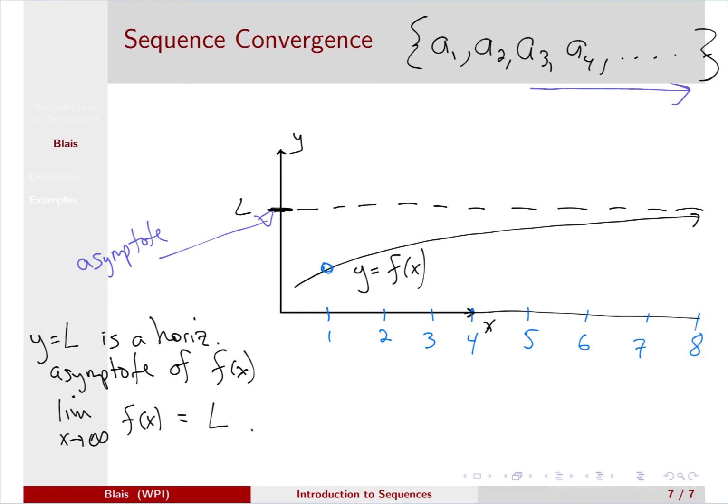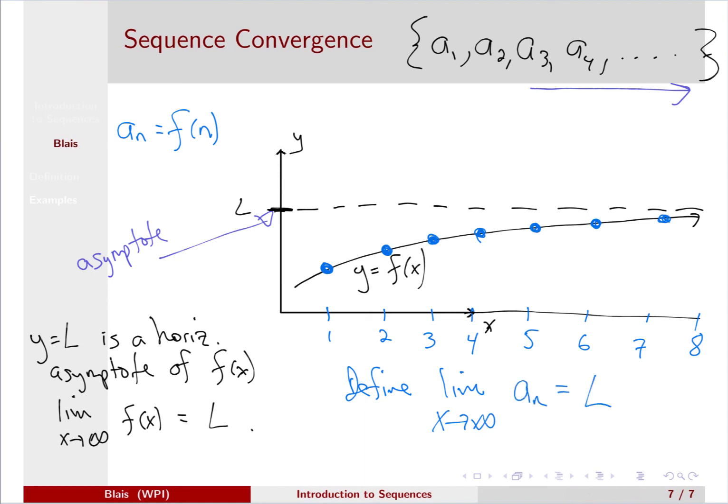Just imagine our sequence is tethered to this function. So we're drawing this in a way where a_n matches this function f on the counting numbers. And we want to define what it means for our sequence to get arbitrarily close to L as we go down the real line in the positive direction. So our goal is to define what it means for the limit as n goes to infinity of our sequence a_n to be equal to L.